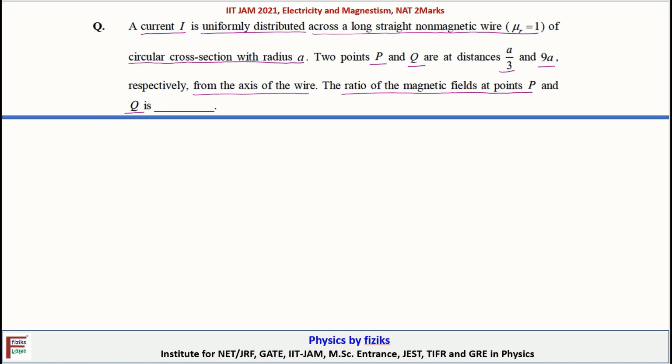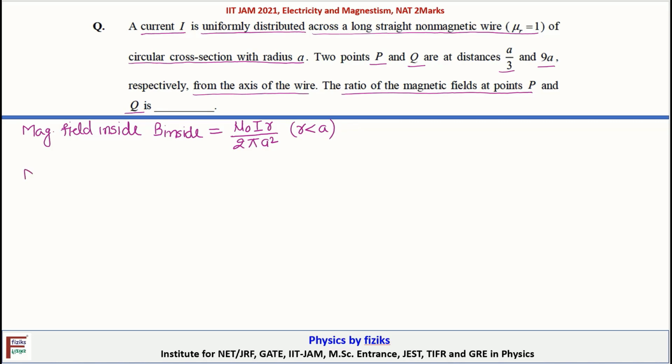So we will first see what will be the magnetic field inside a uniformly distributed current, and that is given by mu naught I R by 2 pi a square, where this R lies inside, so R is less than a.